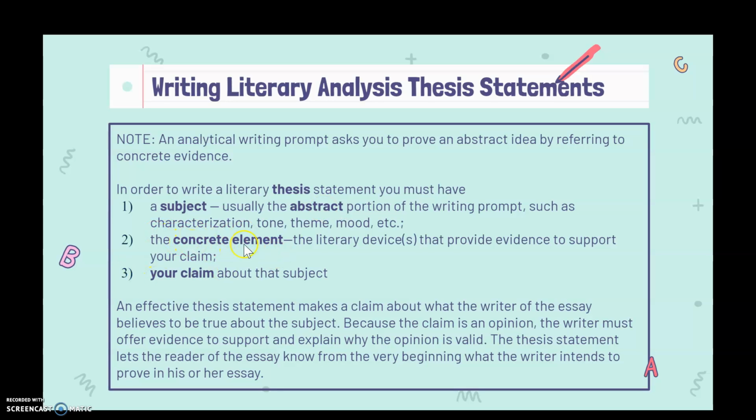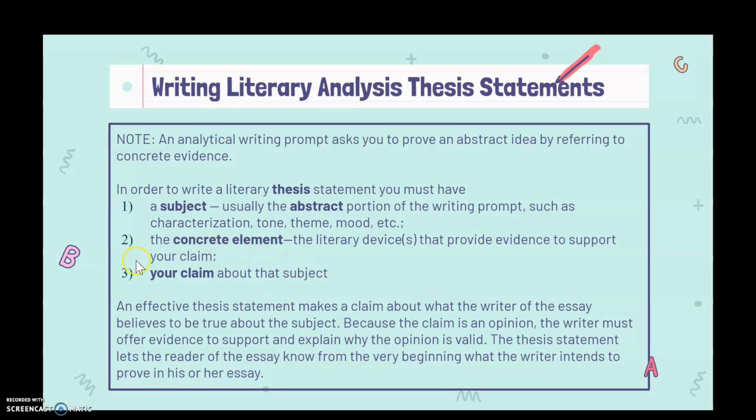The concrete element is the literary device that we are using to prove our claim. So concrete elements are things that are tangible. I can see it, smell it, taste it, touch it, hear it. And the literary devices, those are going to be things that I can see in the text or that I can hear, things like onomatopoeia.